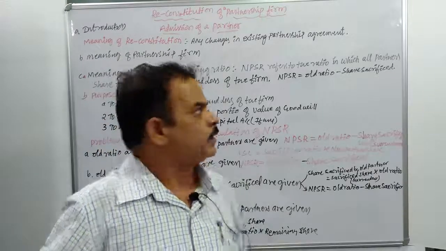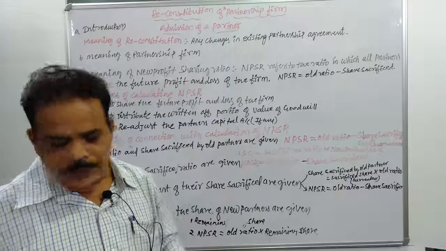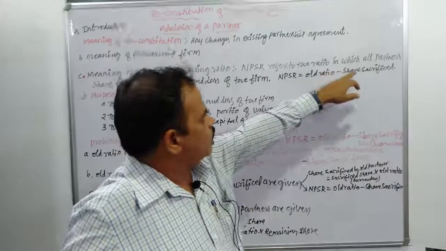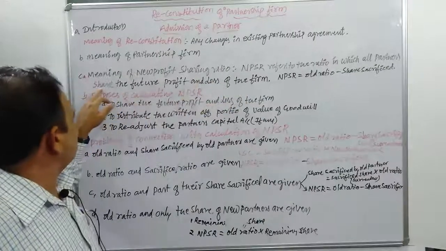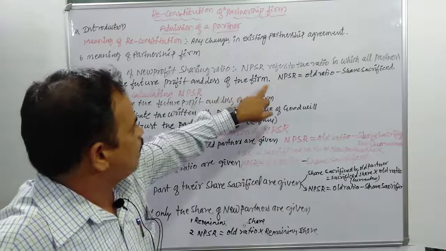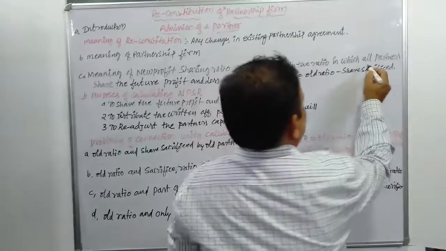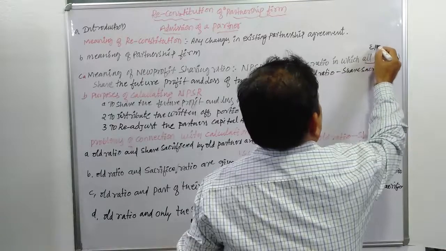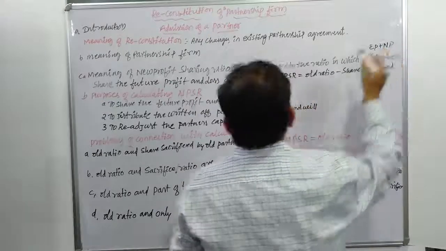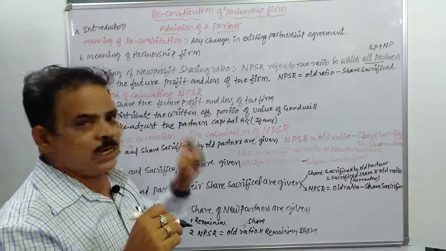The new profit sharing ratio refers to the ratio in which all partners share the future profit and loss of the firm. All partners means the existing partners plus the new partner, who also shares the profit and loss of the firm.